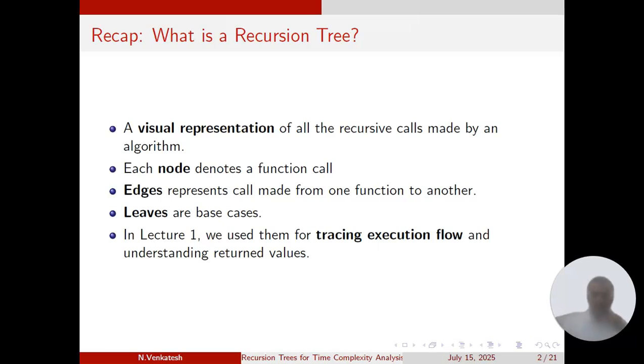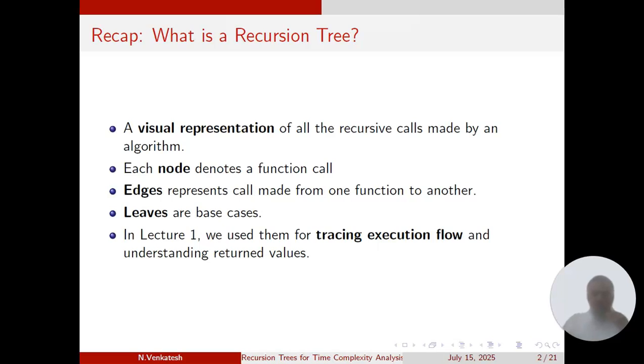In the previous lecture, we discussed how to visualize the flow of execution and how to find the return values of the functions by propagating upwards. In this lecture, we will be discussing how to find the time complexities.